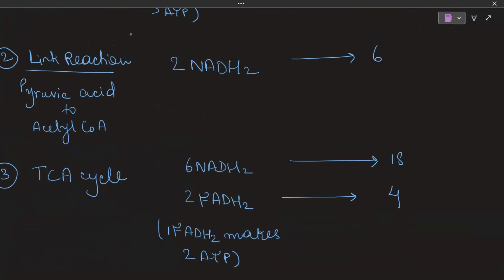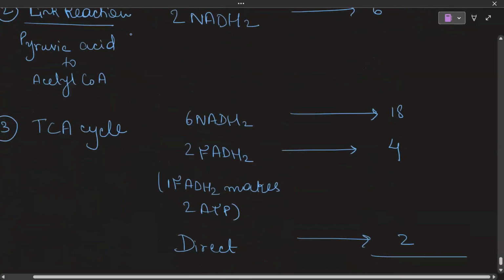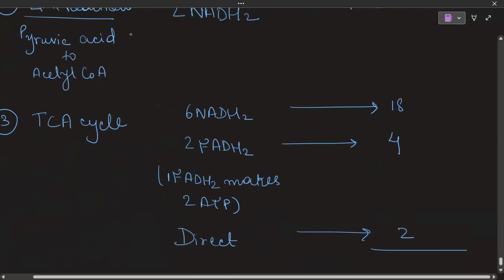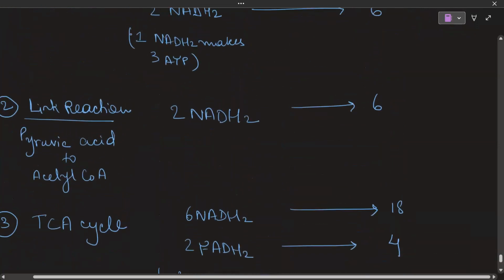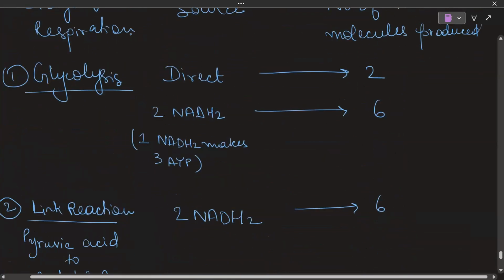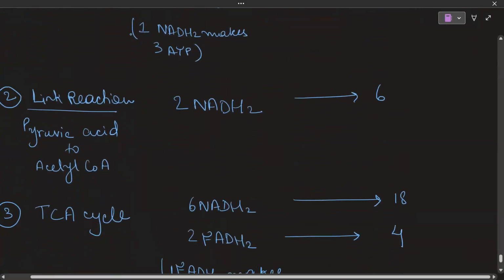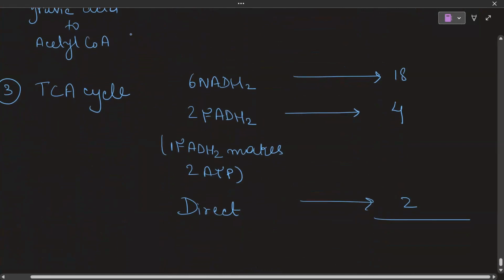I'm asking you the total number of ATPs now. 18 plus 2 is 20, and then 20 plus 6 is 26, 26 plus 4 is 30.